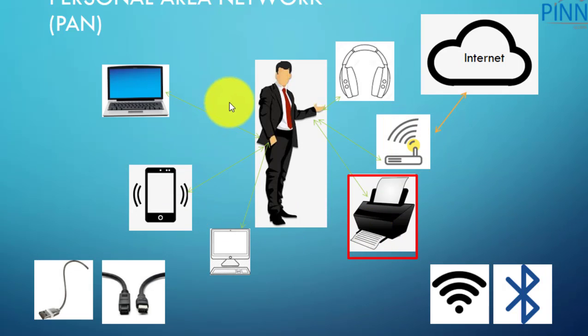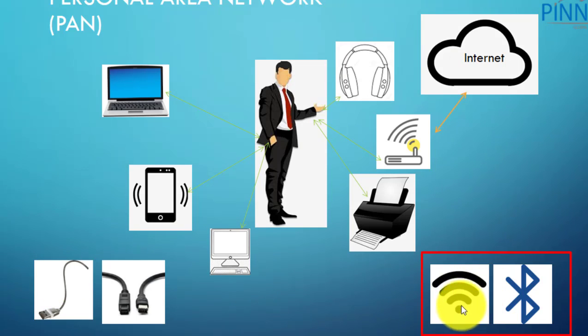Now if I have to connect all these devices together, you can either do a wired personal area network where you can connect it using a USB device, that is your universal serial bus, or you can do it using a wireless personal area network.